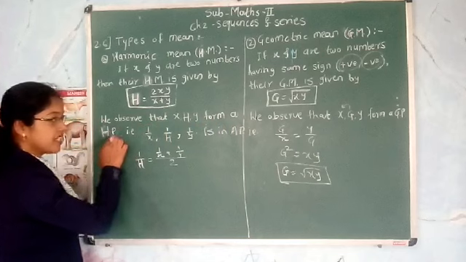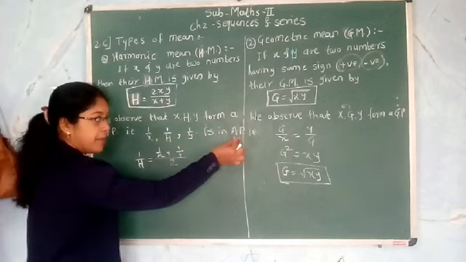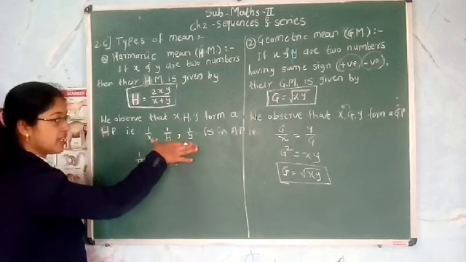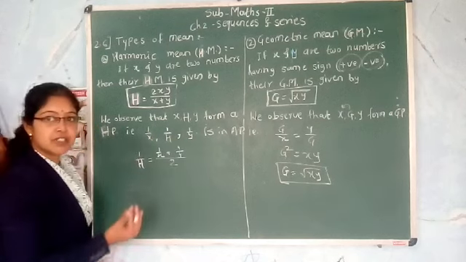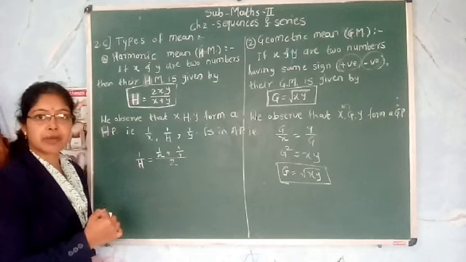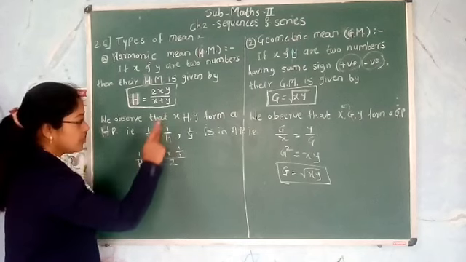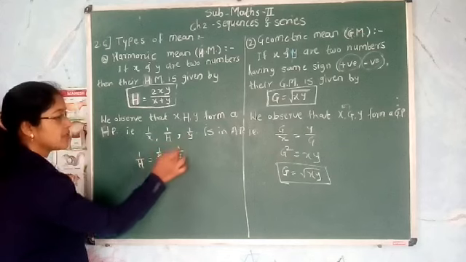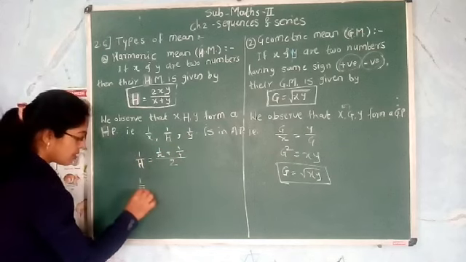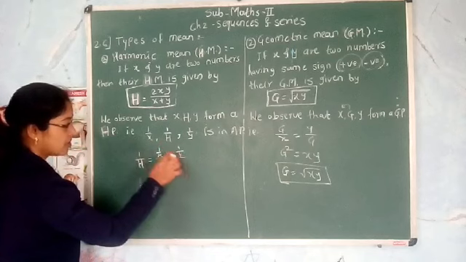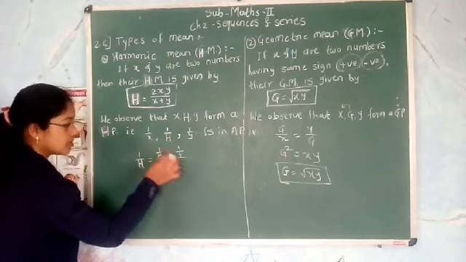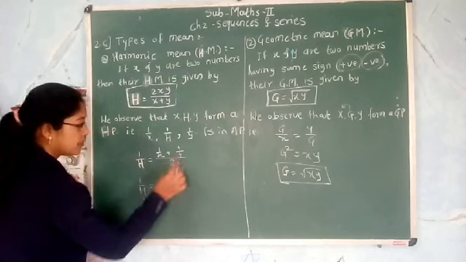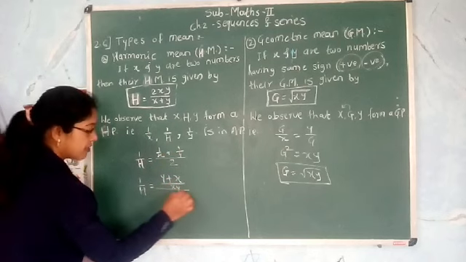x, h, y HP मध्ये असेल तर त्यांचा रेसिप्रोकल काय असतो? AP मध्ये असतो. रेसिप्रोकल आता ही सिक्वेन्स कशी आली? AP मध्ये आली. AP मध्ये असेल तर आपल्याला अरिथमेटिक मीनचा फॉर्म्युला माहिती आहे, A is equal to x plus y upon 2. So 1 upon h is equal to 1 upon x plus 1 upon y, upon 2. So 1 upon h is equal to, take cross multiplication in the numerator: 1 into y, y plus x into 1, x, divided by xy, and this is whole divided by 2.